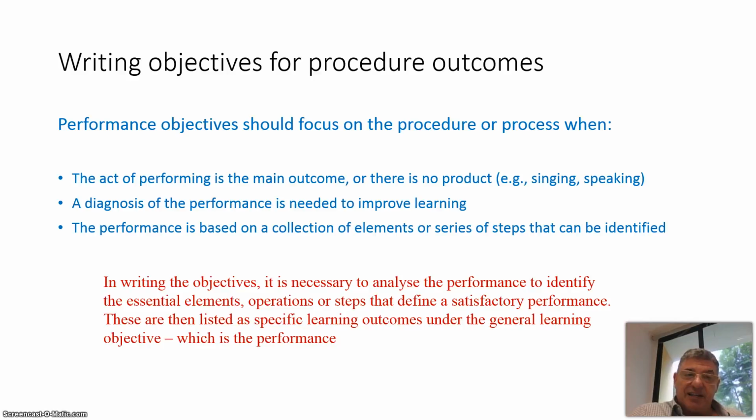So in writing objectives in this area, it's important to analyse the performance carefully to identify those essential elements, operations, steps that define and underpin the performance. And these then become the specific learning outcomes under the general learning outcome or objective, which is performance.